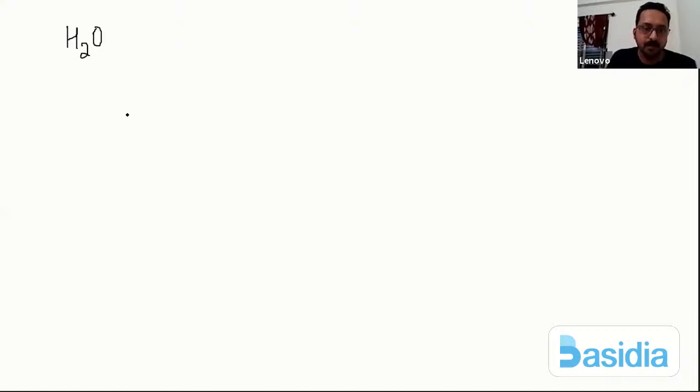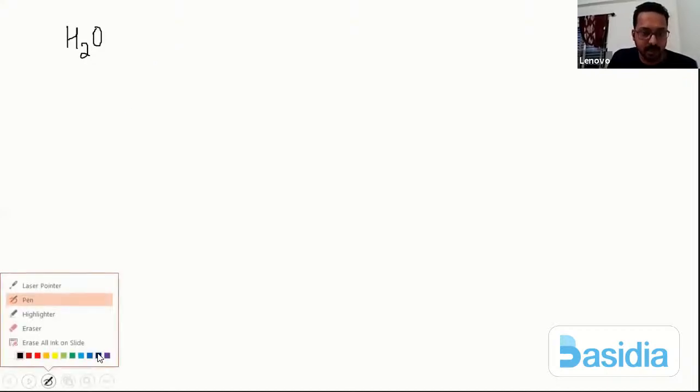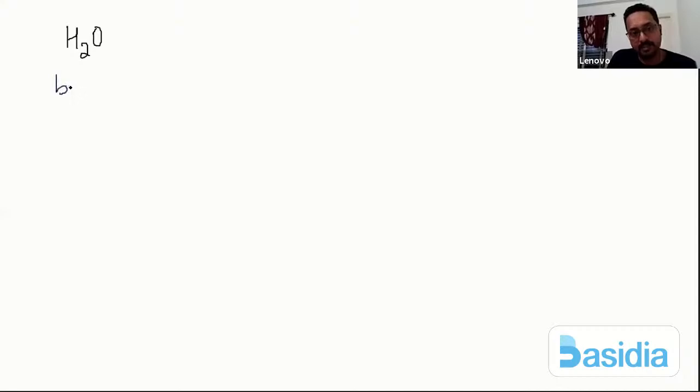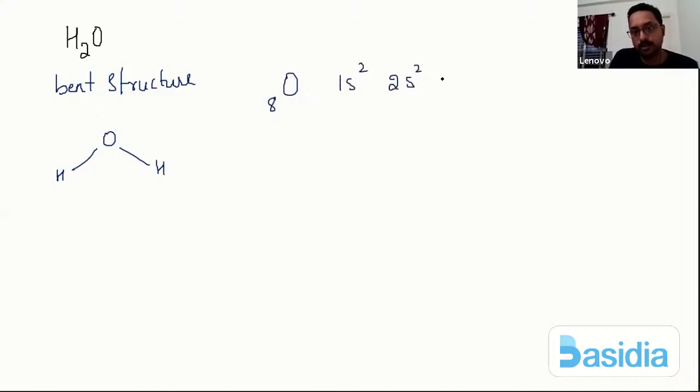Now, from our lower standards, I think we all remember that water has a bent structure, correct? If you remember the representation, we write a hydrogen over here and a hydrogen over here. So let us try to understand now. This is my oxygen, atomic number 8. Then we have 1s2, then 2s2, then 2p4.